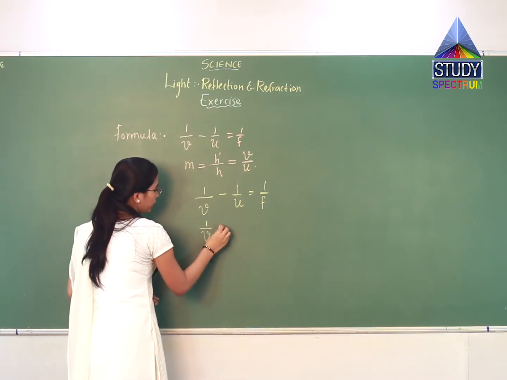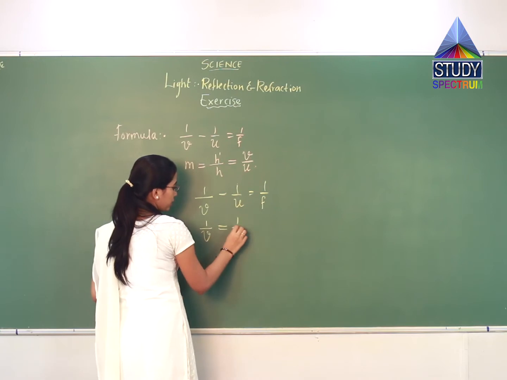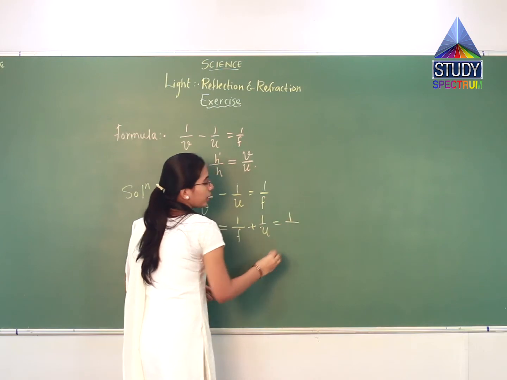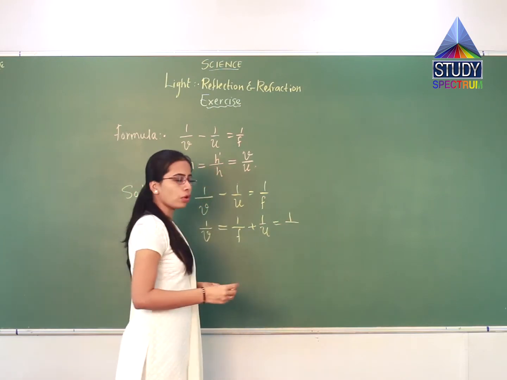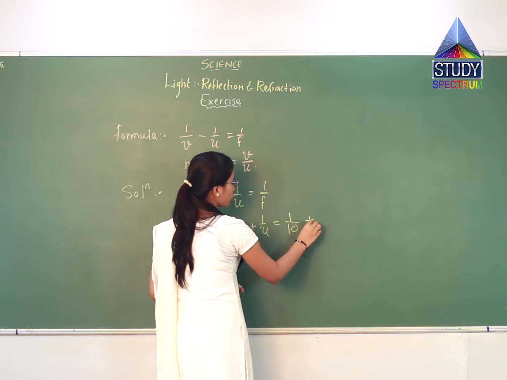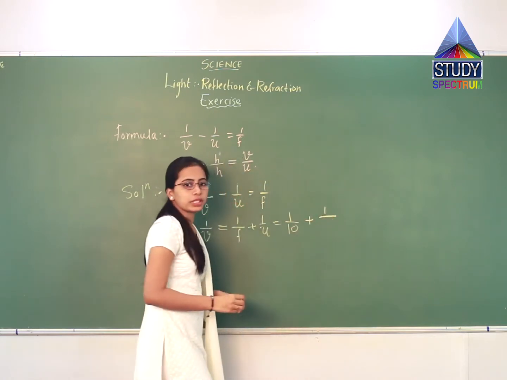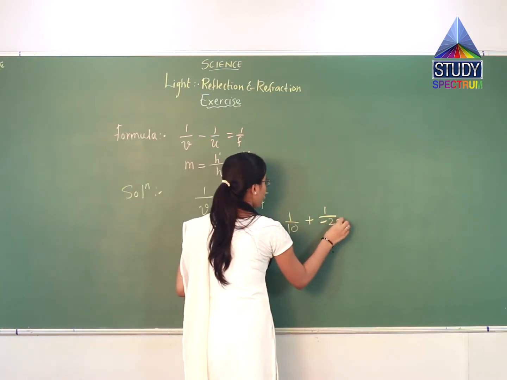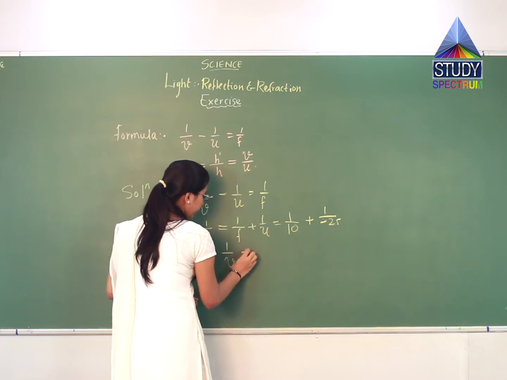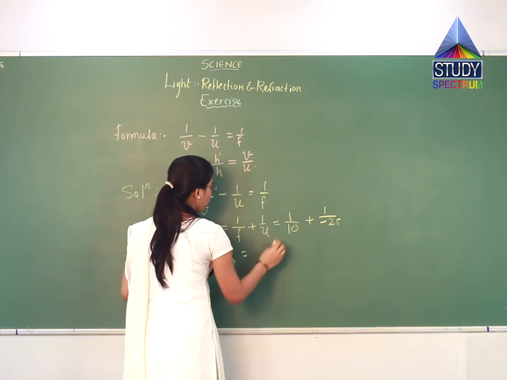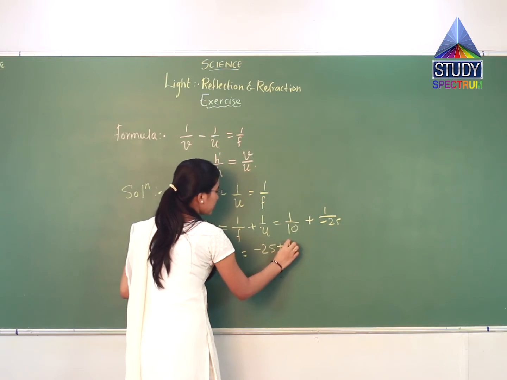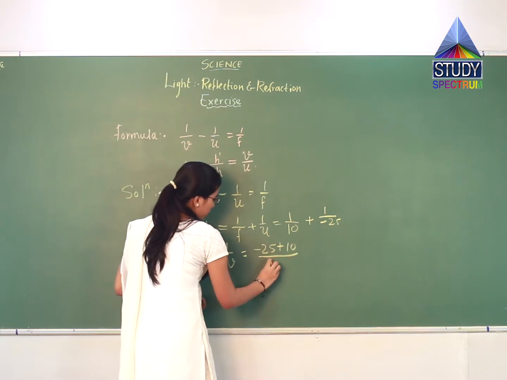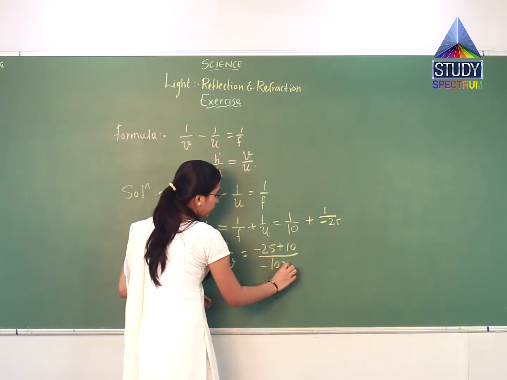We don't know v, so we can write 1 upon f plus 1 upon u. Here the focal length was 10, we are taking it as positive, plus the object distance was given as 25, so definitely it is negative. So 1 upon v, after cross multiplication, will be minus 25 plus 10 upon minus 10 into 25.